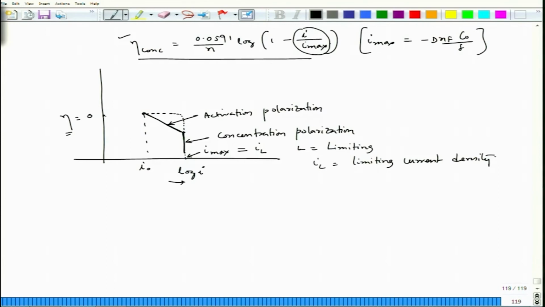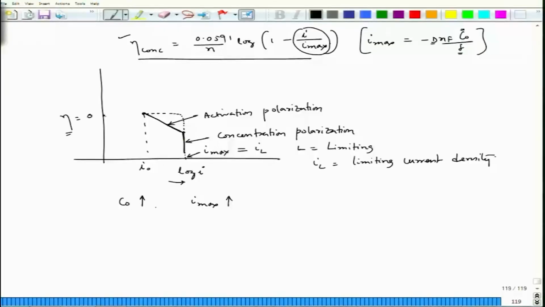Now, here a couple of interesting facts concern this term as well as this term. If C0 increases, let us say I increase the C0 and other things remain the same, I max should increase. D is a function of temperature, and n and F for this particular redox reaction should be the same. Delta is the boundary layer thickness.